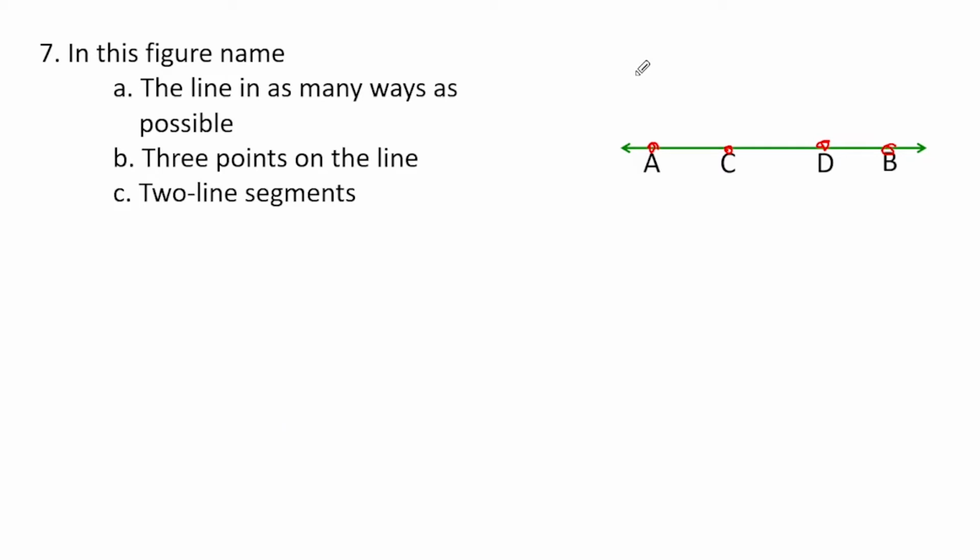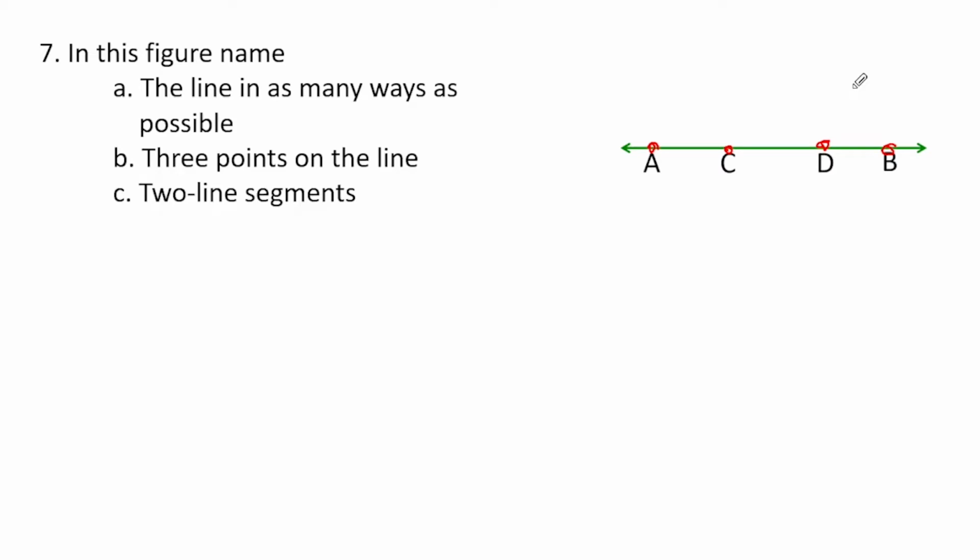They haven't given any small letter for the line, so we have to name the line with the points. Since we have 4 points, we can do line AC, line AD, line AB, or line CD, line CB, or line DB, and we can even interchange the letters.